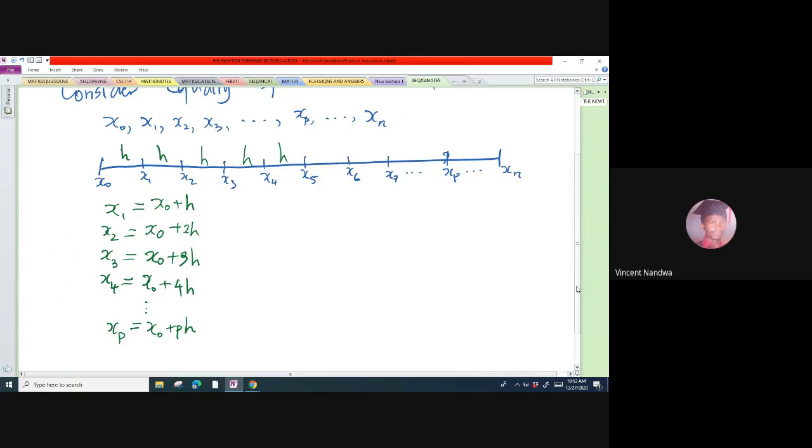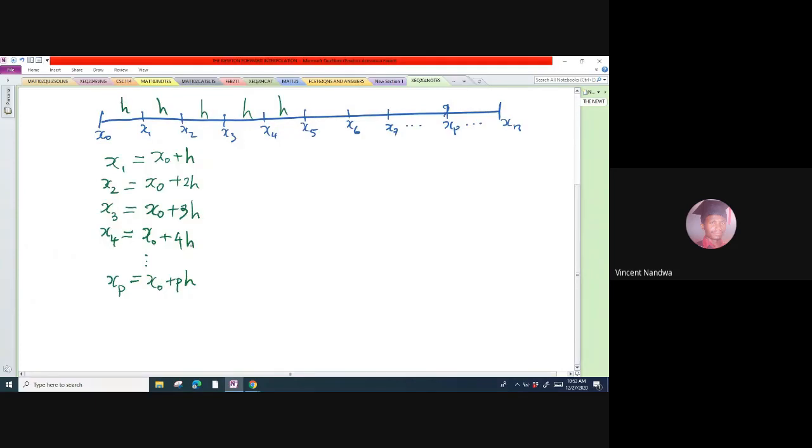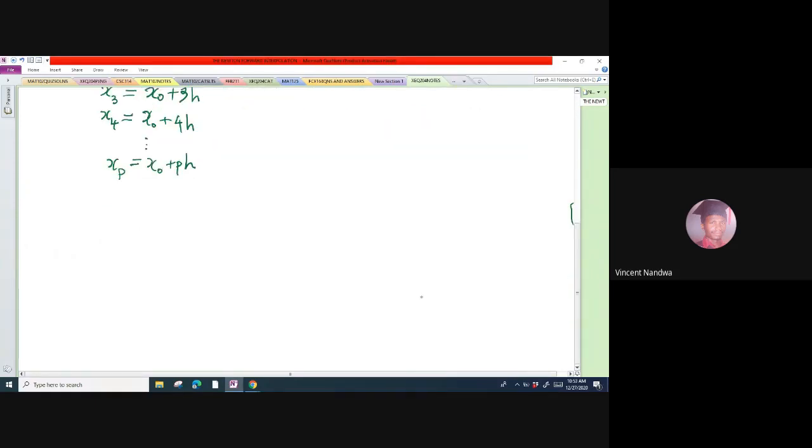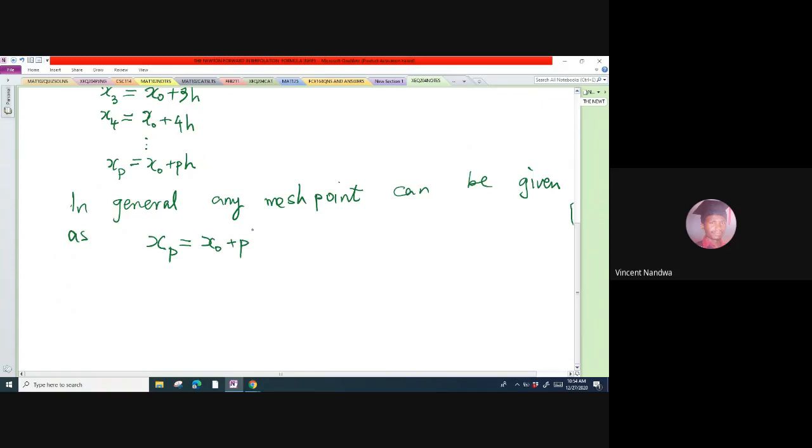So in general, any mesh point can be given as xp equals x naught plus ph.